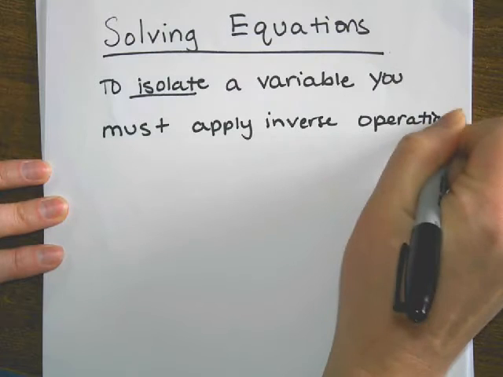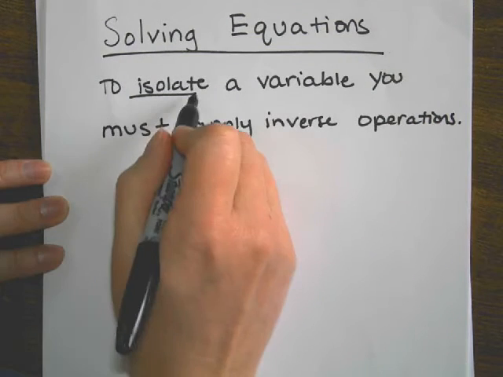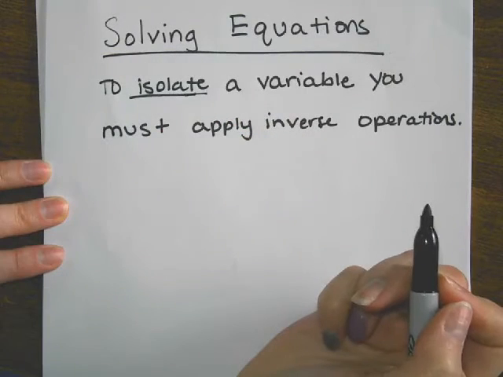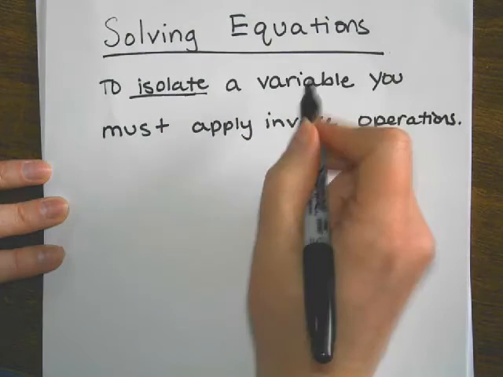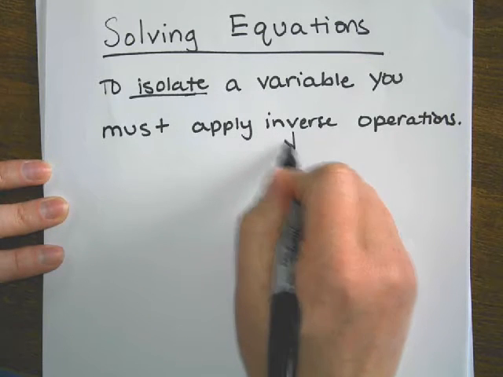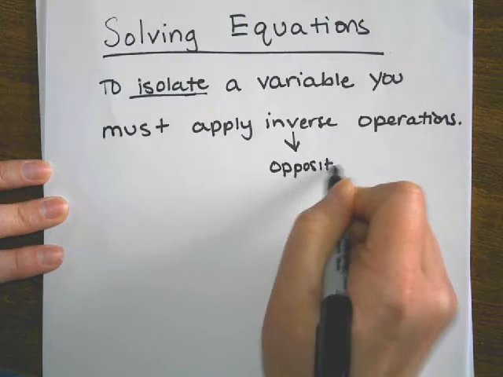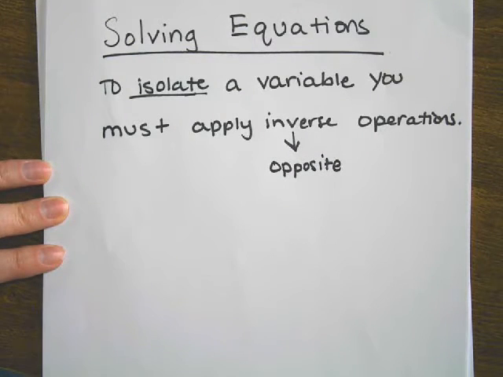Now, that is a very fancy way of saying to get a number by itself, a variable by itself, you must apply opposite operations. Inverse means opposite. Now remember, a variable is an unknown number.